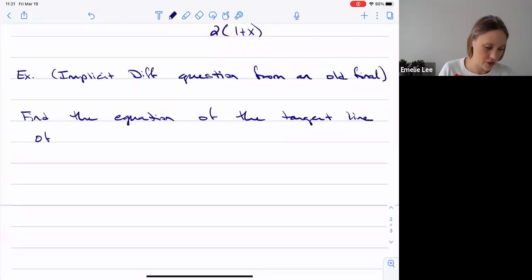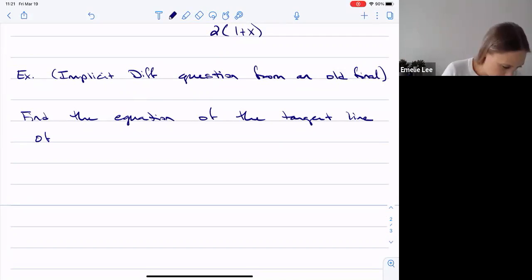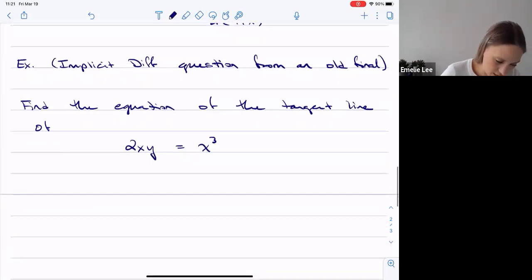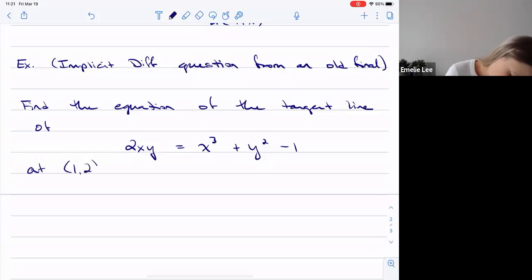of, and here's our function. So this is the level that we're expected to be playing at. 2xy equals x to the 3 plus y squared minus 1 at the point 1, 2.